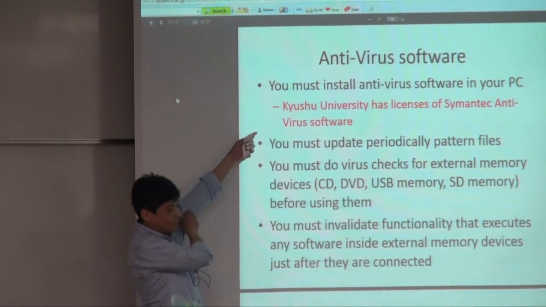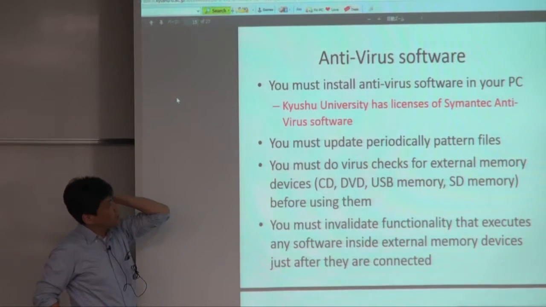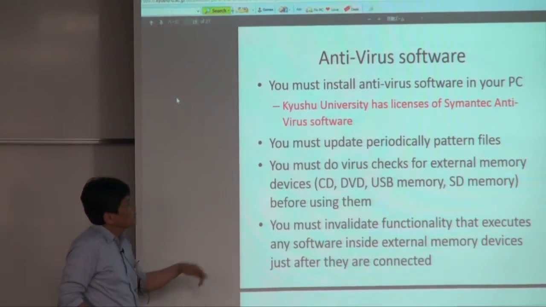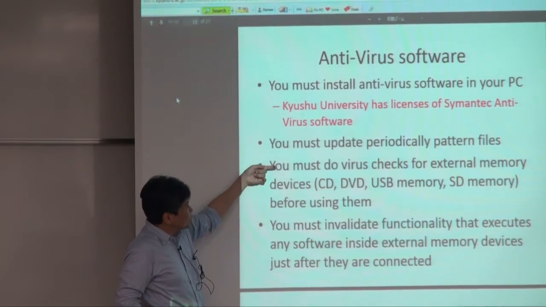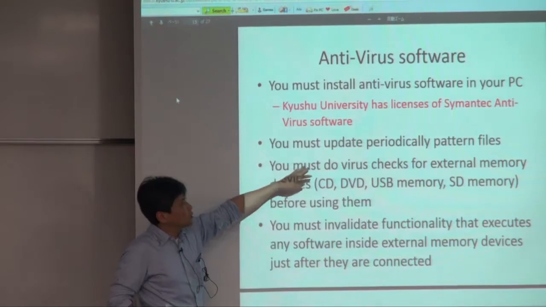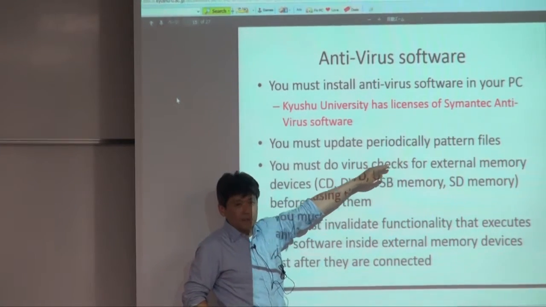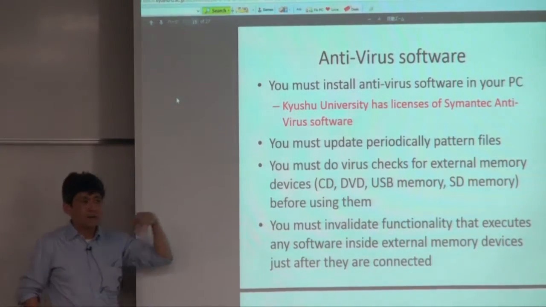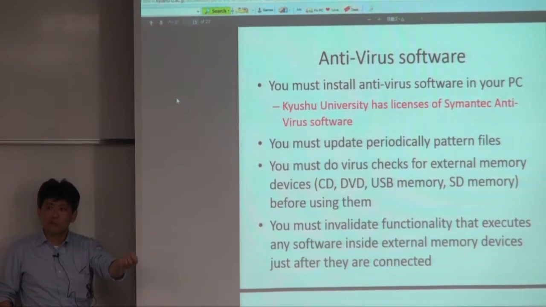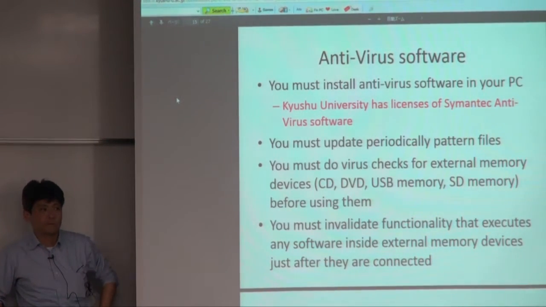Even if you install the antivirus software, you also have to do these things. For example, you must periodically update pattern files, because new virus software will be made frequently.